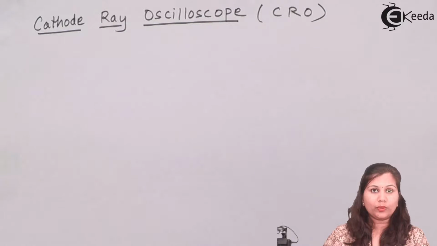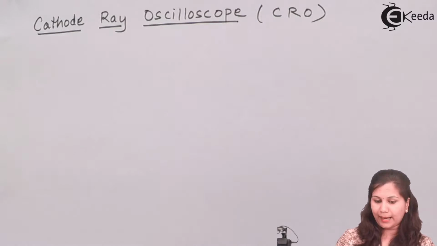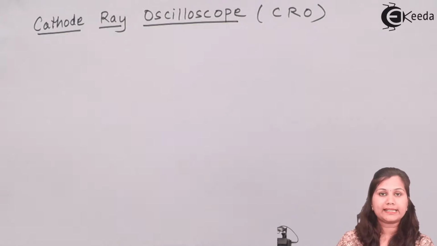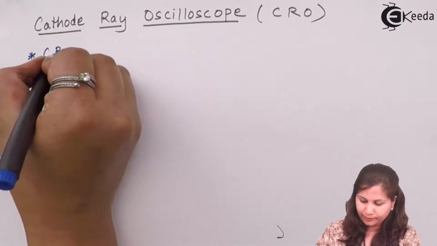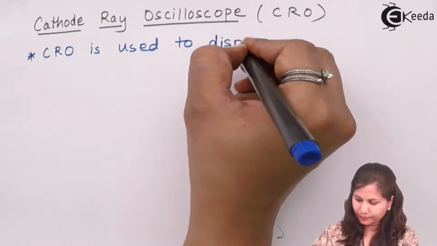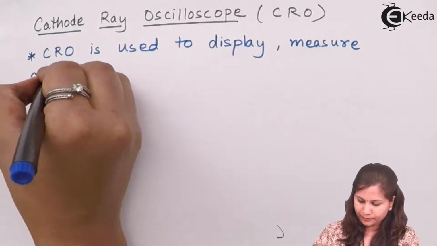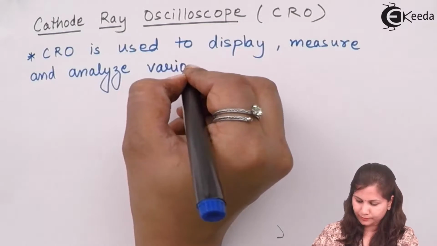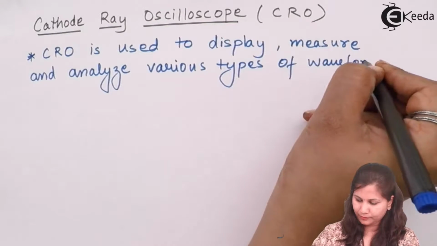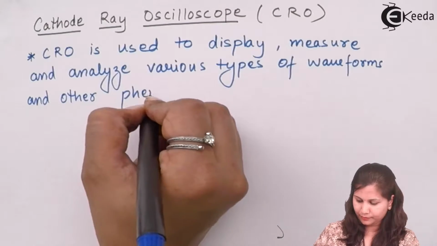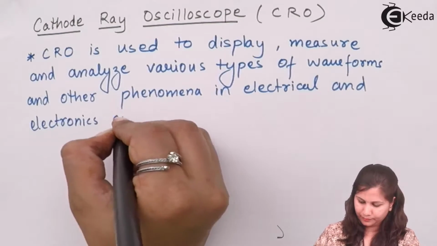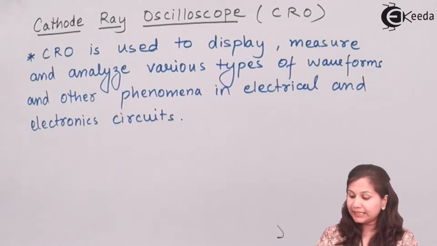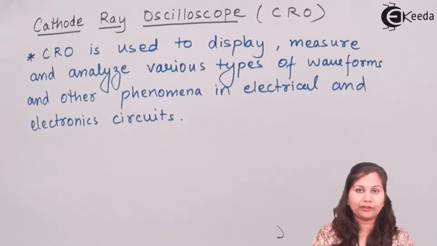The CRO is one of the most flexible, versatile and adaptable instruments, used for the display, measurement and analysis of various types of waveforms and other phenomena in electrical and electronic circuits.